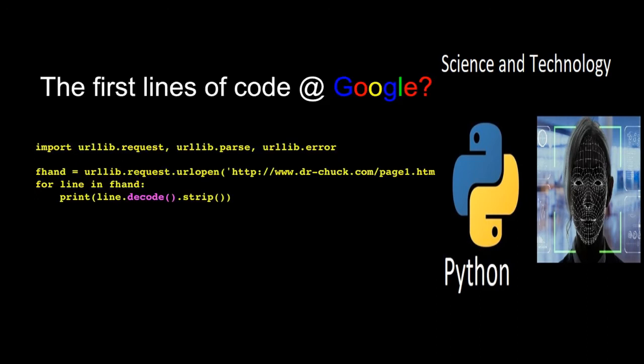And so Python is a very popular language at Google, and I think it's a pretty safe bet that the first crawler that they wrote to crawl the web, to build the index, was Python, because literally that's all it takes to read web pages and pull those web pages into your web crawler database. So I don't know, are those the first 4 lines ever written at Google?